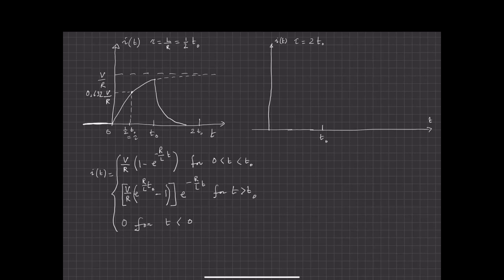This is T naught, this is 2T naught, and unfortunately I can't get to 3T naught. But let's assume this is 3T naught, and this is my T.